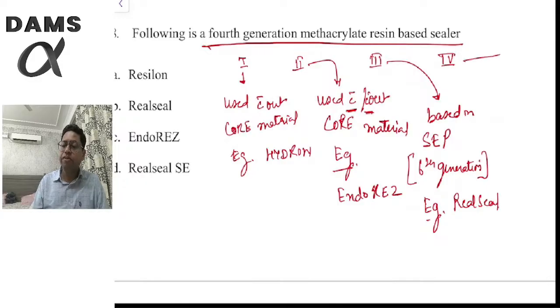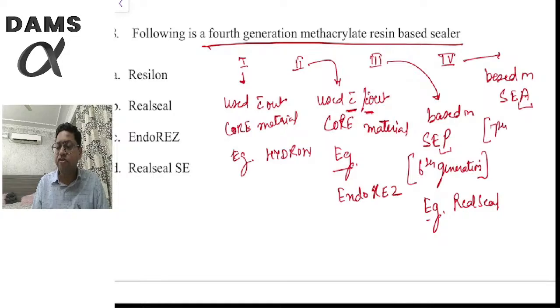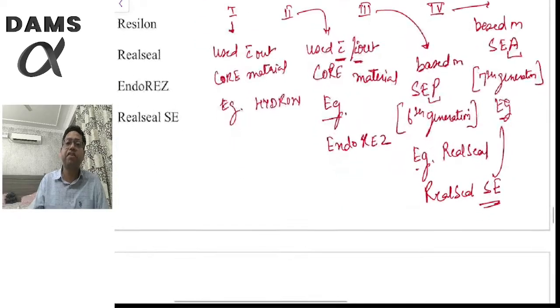And fourth generation, they are based on self-etch adhesives, or seventh generation dentine bonding agents. Example of this product would be RealSeal SE, suffix SE is there, okay, and Metaseal.